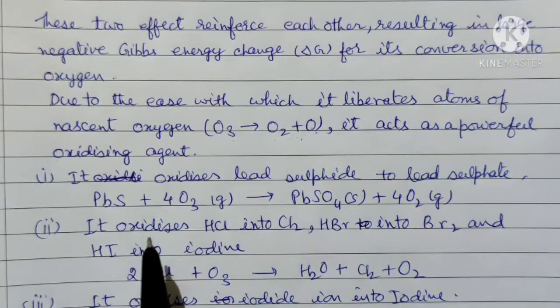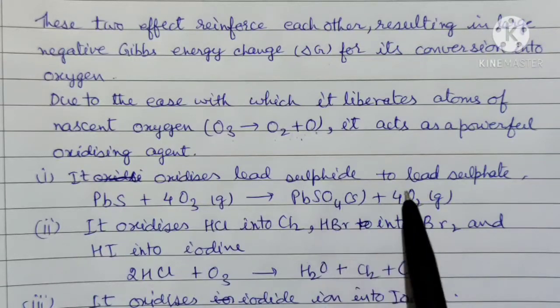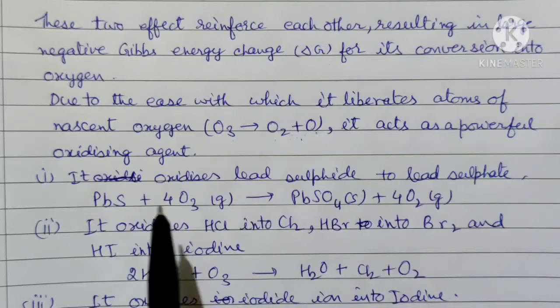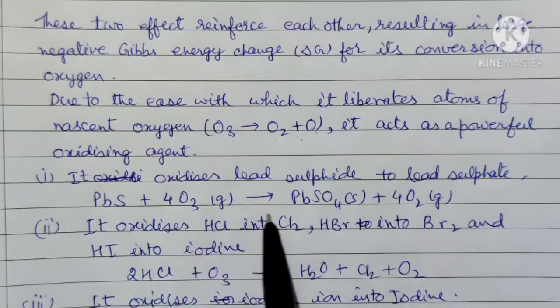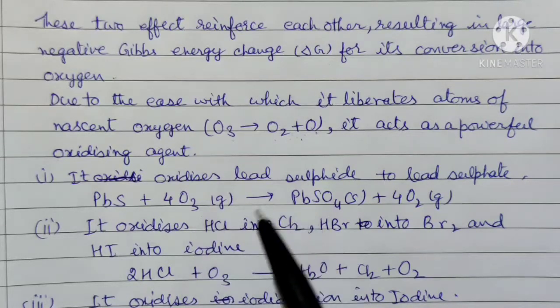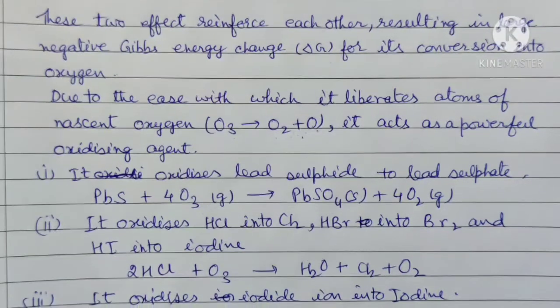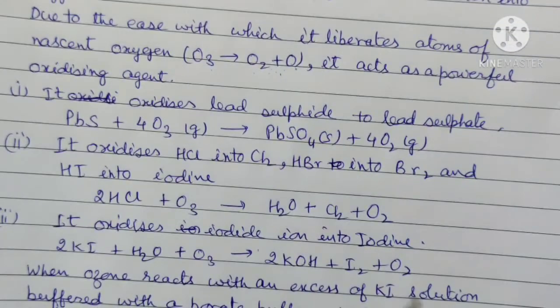Now we'll write the chemical properties for its oxidizing property. First, it oxidizes lead sulfide to lead sulfate. Lead sulfide is black in color. When we pass ozone over it, its color changes to white due to the formation of lead sulfate, with oxygen released. This is a very important equation of ozone; many times they ask it in the examination.